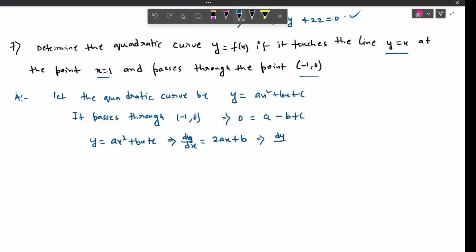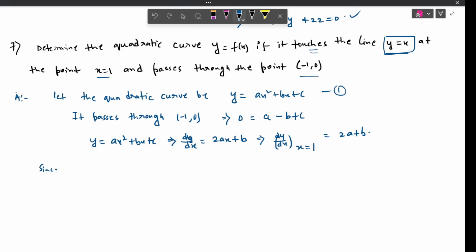Now the slope at x equals to 1, right? This should be 2a plus b. Now this is our quadratic curve. Let us say this is equation 1, and it is given that y equals to x touches the quadratic curve, right?